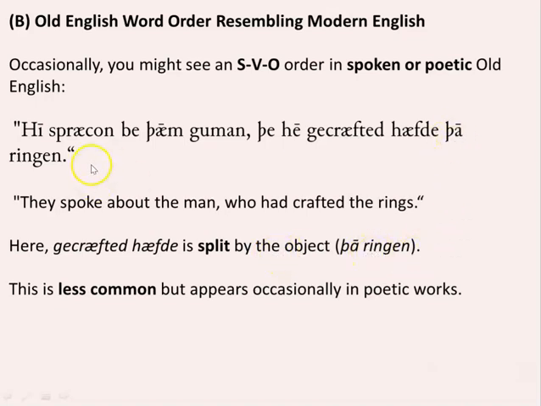So you've got the subject, then the verb pair, and then the object, tha ringen, in the accusative. This is less common, but appears occasionally in poetic works.